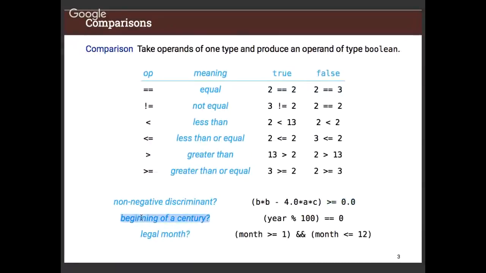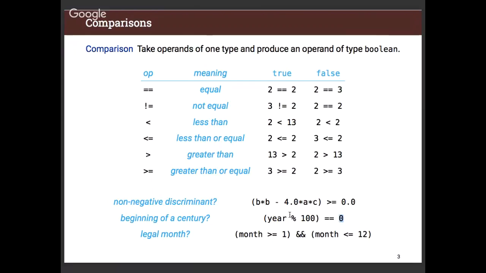Now the Boolean is: is this the beginning of a century? Year modulo 100 equals 0. So some people find that a little more tricky. But just remember, modulo is what you have left over after you divide. So it's the remainder. I take a year, any year, 1981, divide by 100. 100 goes in 19 times, and the remainder is 81.